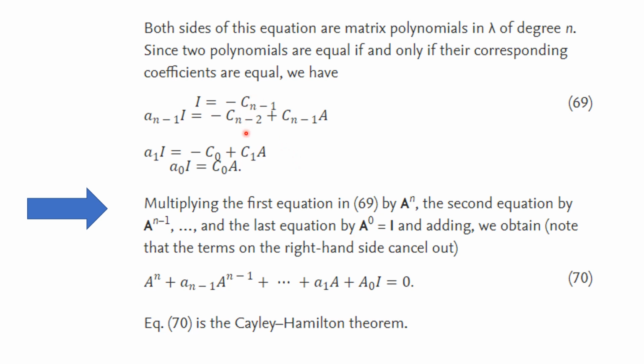If you look at these expressions, you're going to see that there's a telescoping that goes on, and everything will cancel out on this side, and on the other side you will have this expression, the matrix A to the n plus a n minus 1 A to the n minus 1 plus all the way down, and so on, equal to 0. You see, this is an elegant proof of the Cayley-Hamilton theorem, and we didn't need the matrix to be diagonalizable in order to do this work.